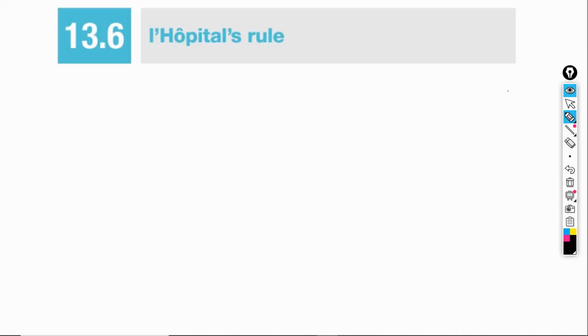Hi guys, so in this video we're going to be talking about L'Hopital's rule, which is section 13.6 of chapter 13. So basically what L'Hopital's rule says is the following.